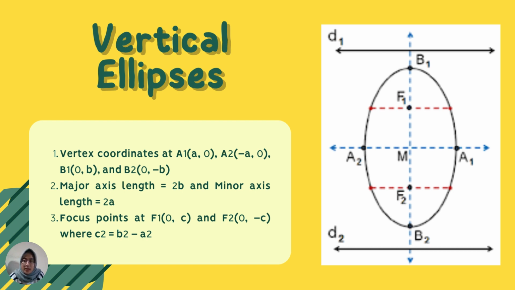Like the vertex coordinates in horizontal ellipses are located on the long part, in vertical ellipses they are located on the short part. Because this is a vertical ellipse, the vertex coordinates are located at the short part.